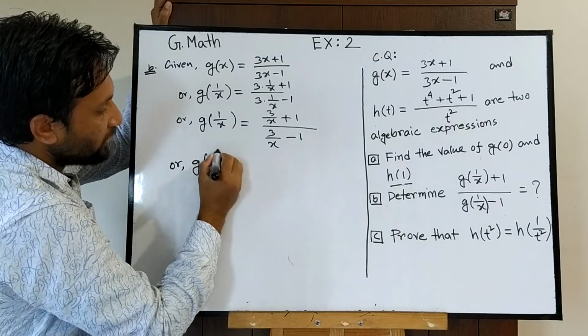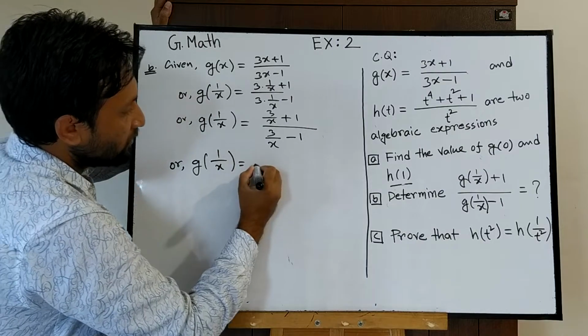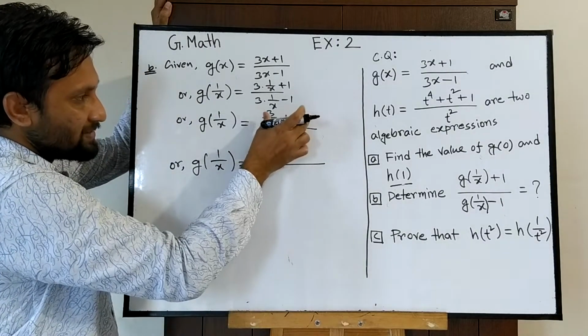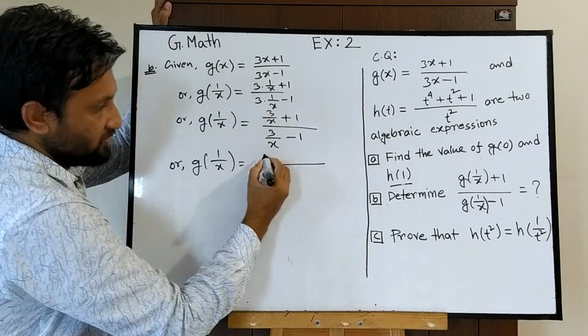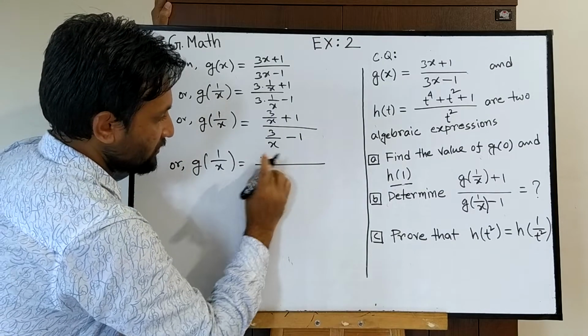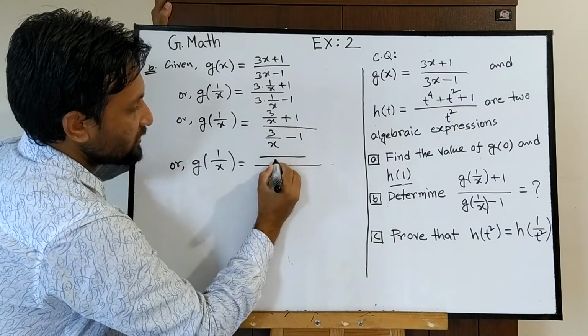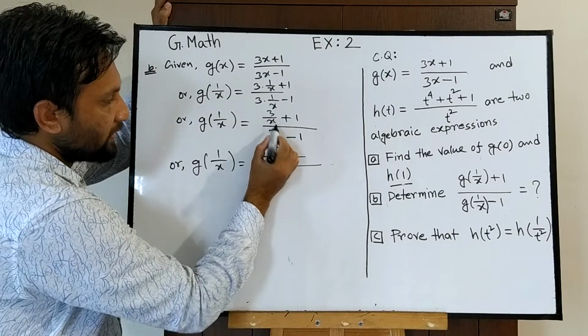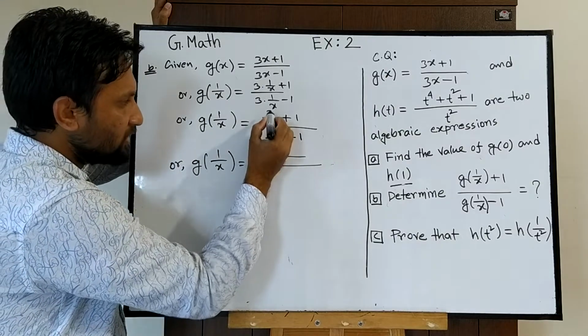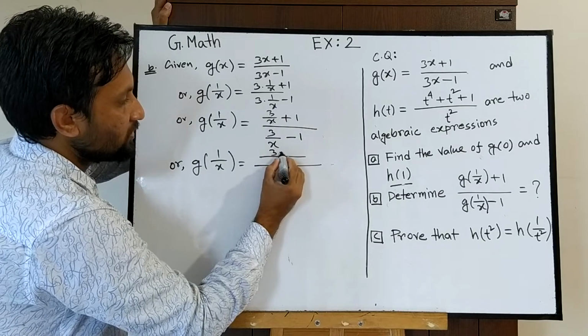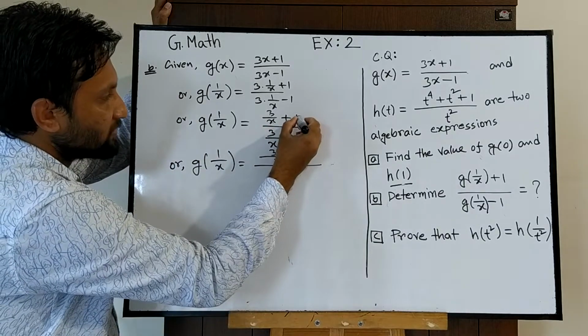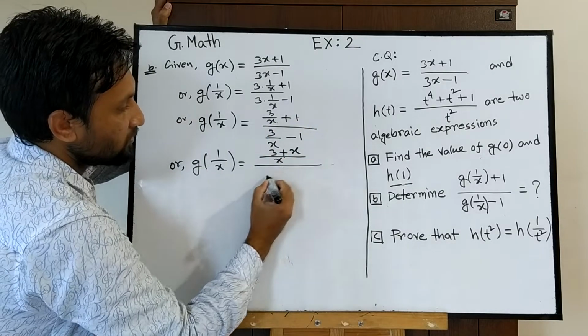So g of 1 by x equals, now take the LCM in the numerator and denominator. The LCM in the numerator fraction is x, so x times 3, that means 3, then plus x into 1, x.